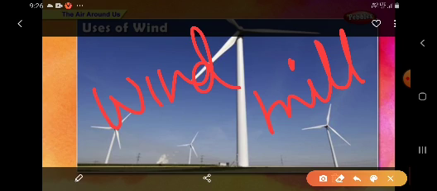If the air is not blowing, or if there is no wind, this windmill will not move.